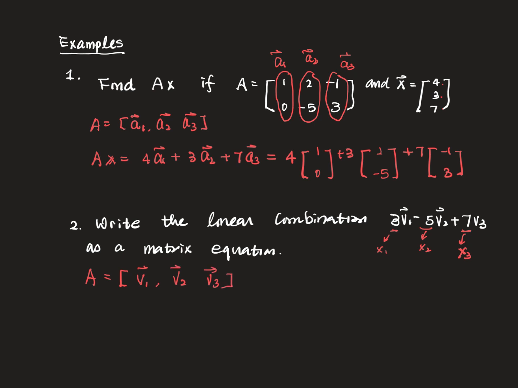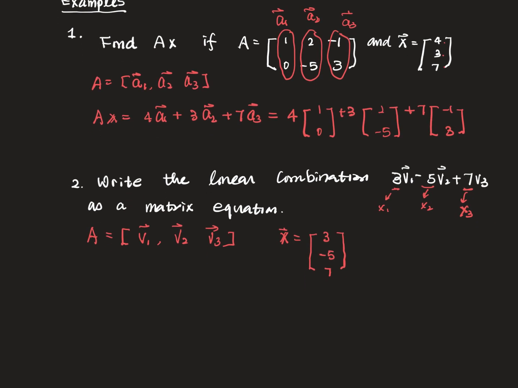What is the x vector? x is a column vector: x1 is 3, x2 is negative 5, x3 is 7.